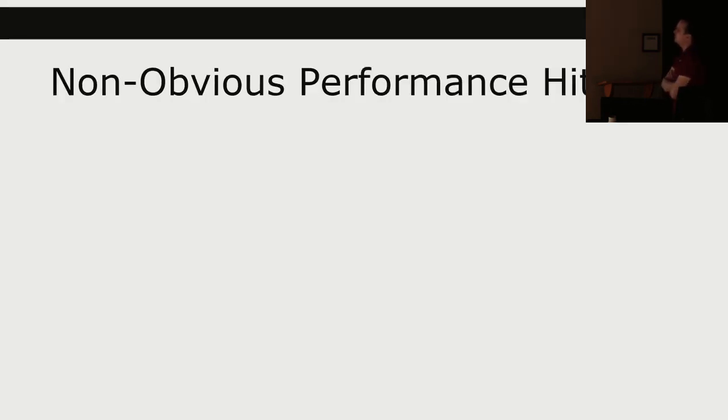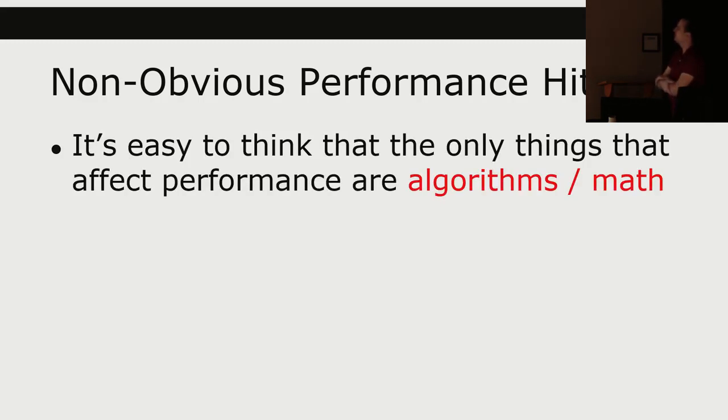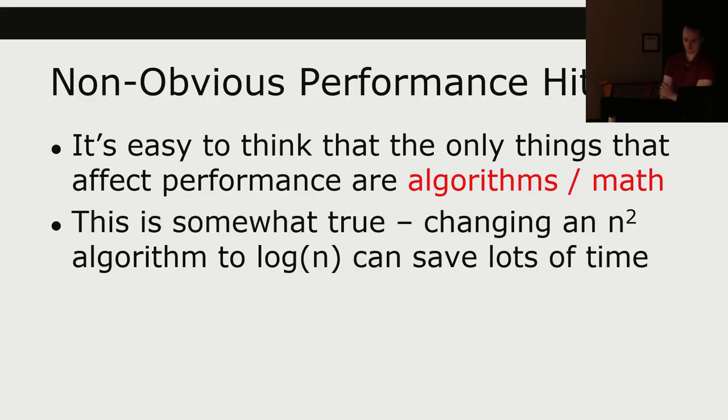But there's also non-obvious performance hits. So it's easy to think that because we are good computer science students and we've all taken our algorithms class or our data structures class, that the only things that affect performance are the algorithms and the math, right? So, okay, the only thing that matters is getting from O of n to O of log n. And of course, that's somewhat true, right?